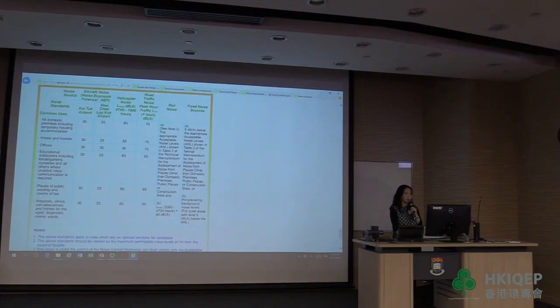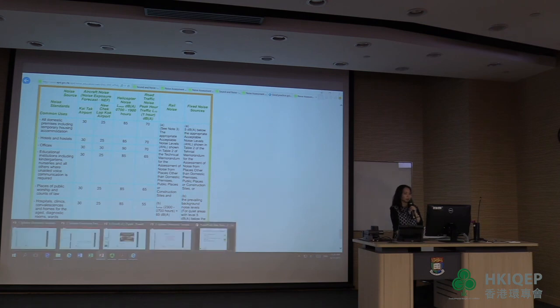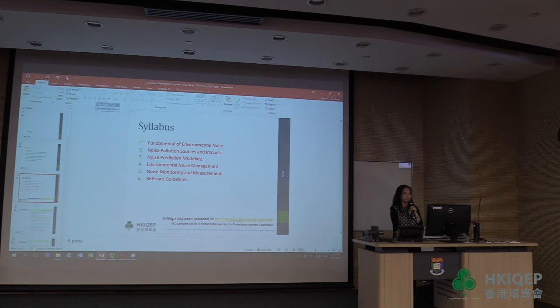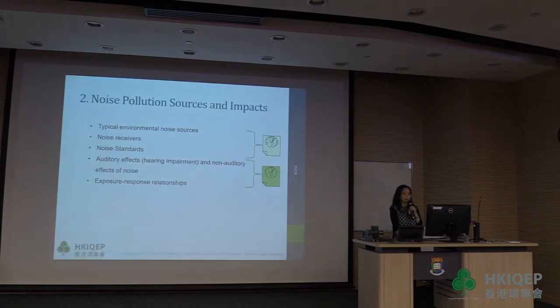And also the noise criteria for planning for different types of noise source: road traffic noise, rail noise, fixed noise source, helicopter noise, and air traffic noise, which now includes the airport and just the new airport. So you could see, in fact, all this information is readily available.